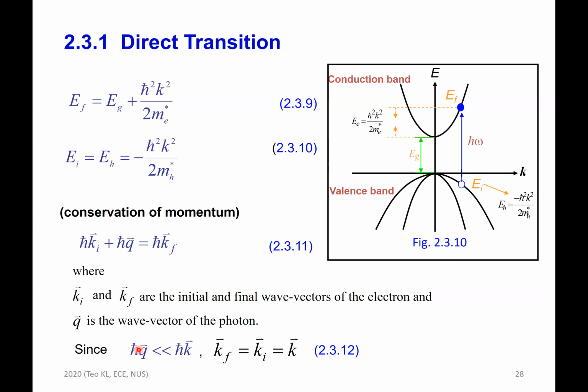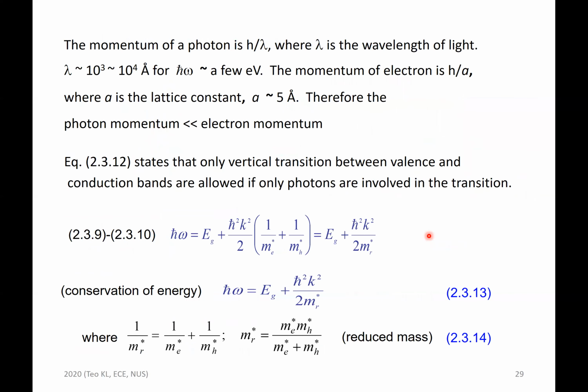Now, why is the photon momentum much less than the electron momentum? The momentum of a photon is h bar over lambda.